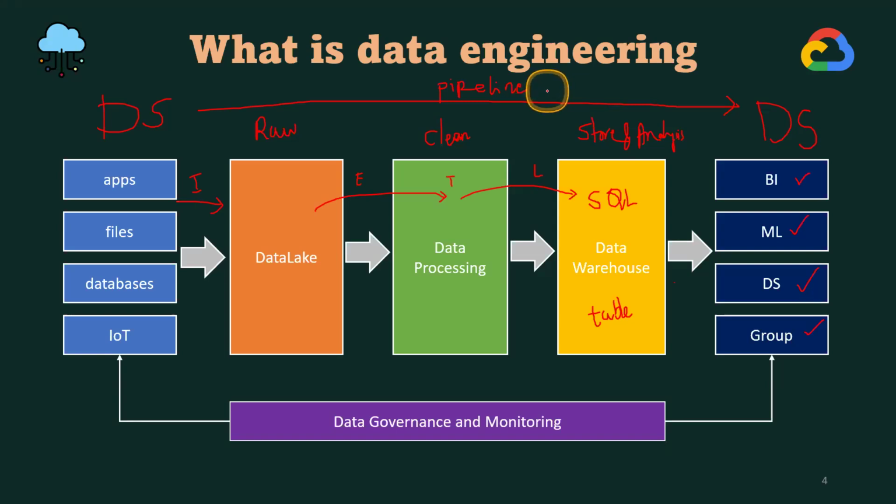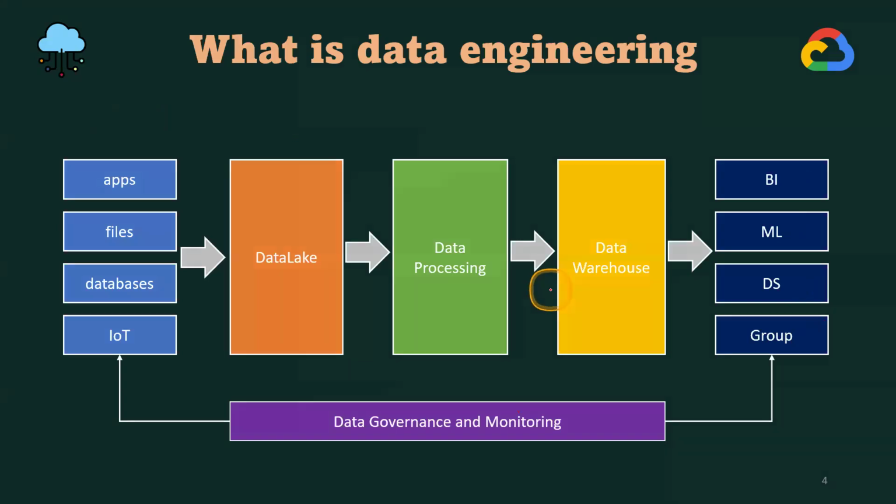Okay, so that's the reason data governance comes into the picture for data completeness and data accuracy, and monitoring the pipelines and systems so that if something goes wrong, we are going to act upon it as soon as possible. Okay, this entire architecture, whatever I have shown, is nothing but data engineering, guys.